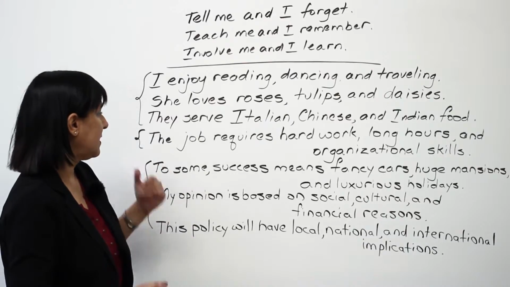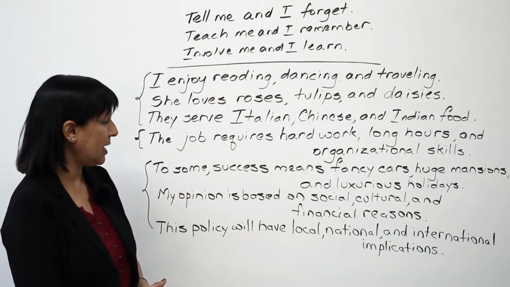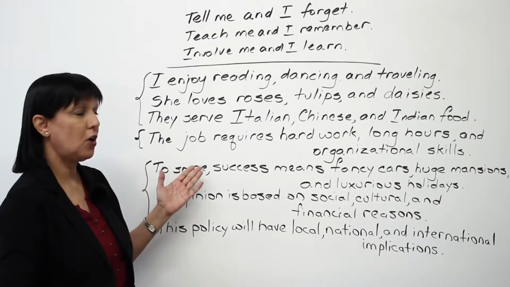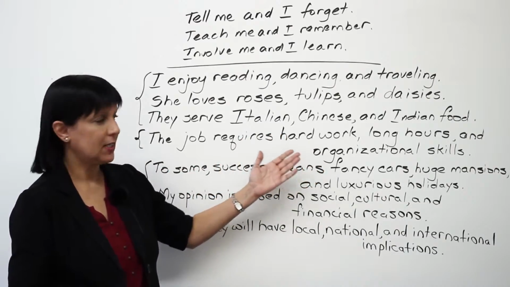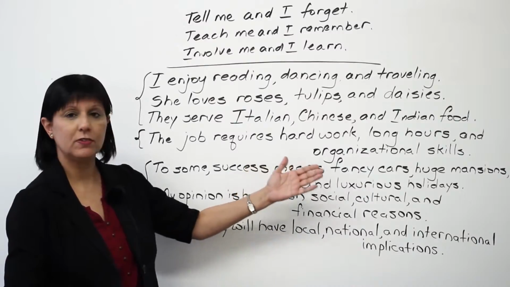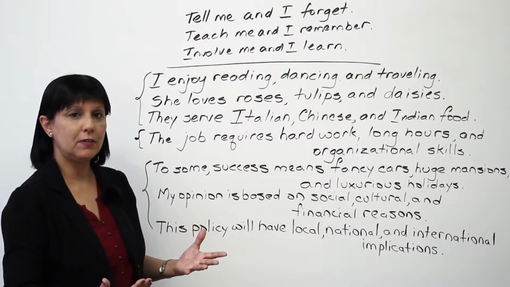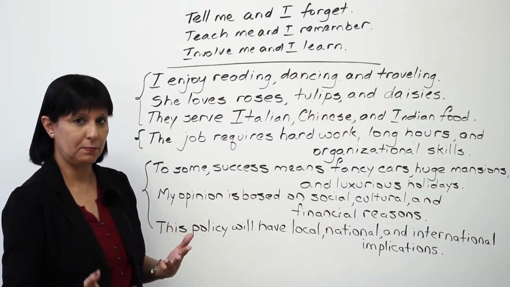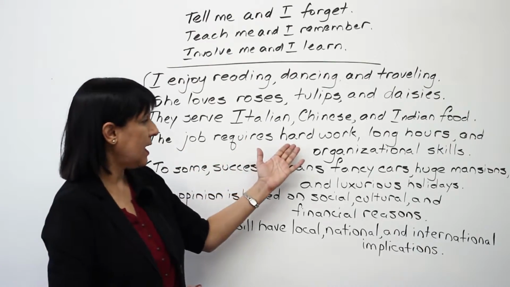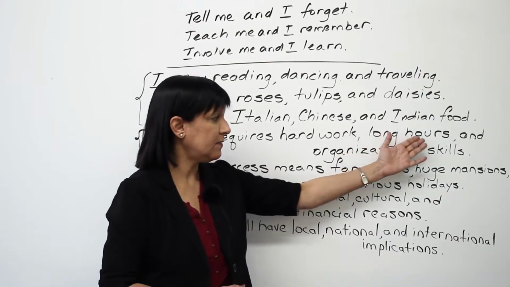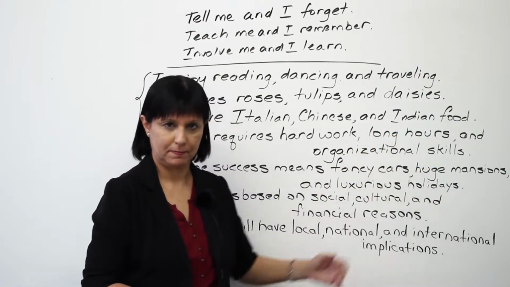Okay? Let's continue. In your professional life, you could say, the job requires hard work, long hours, and organizational skills. Now here you see not just one word being repeated, but a pattern of words, right? Adjective, noun, adjective, noun, adjective, noun.